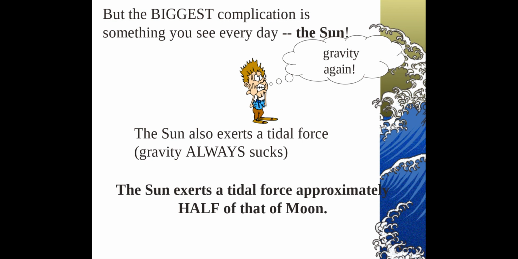The sun only exerts a force of about half that of the moon. Why? The sun is so much bigger than the moon, so you would think it would exert a much larger gravitational force. However, the sun is so far away from us that it discounts the size of the sun compared to the moon.